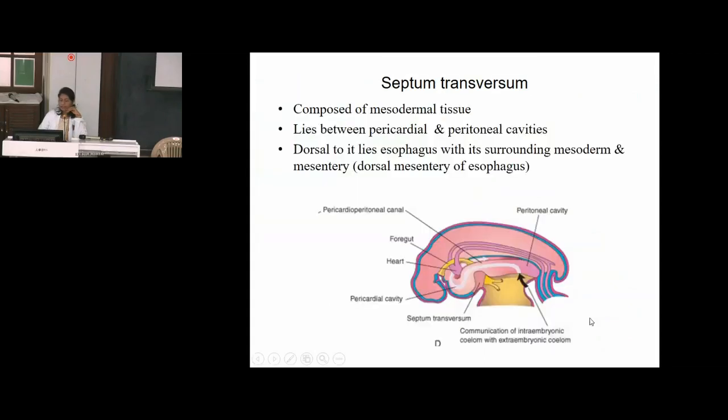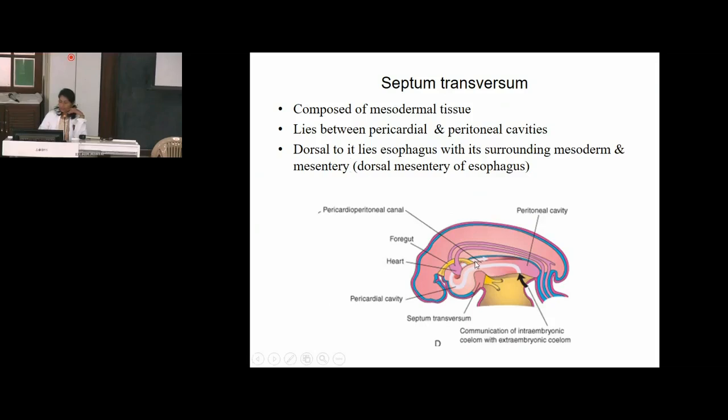So what is this? This is mesodermal tissue. It is composed of mesodermal tissue lying between the pericardiac and the peritoneal cavity. So here we are getting the pericardiac cavity, and below here the peritoneal cavity, and this is the septum transversum towards the ventral side.